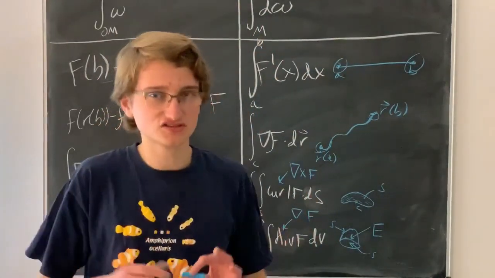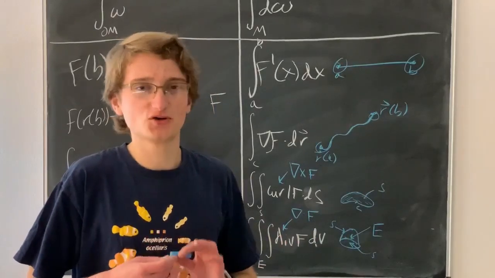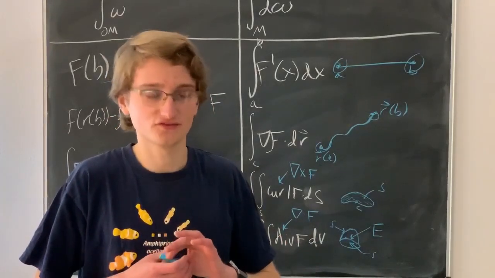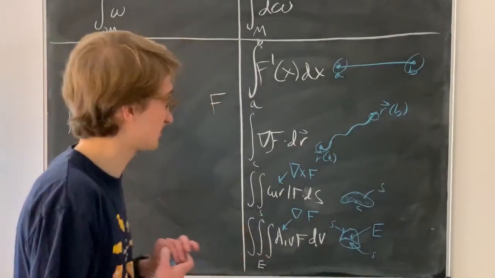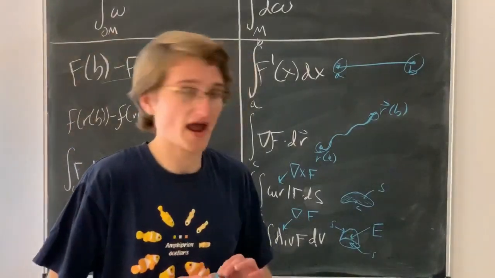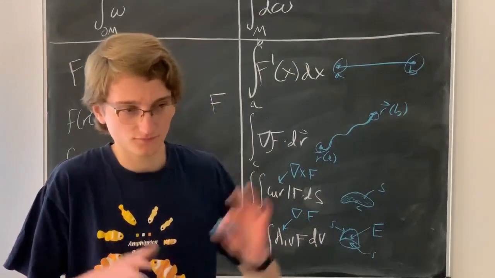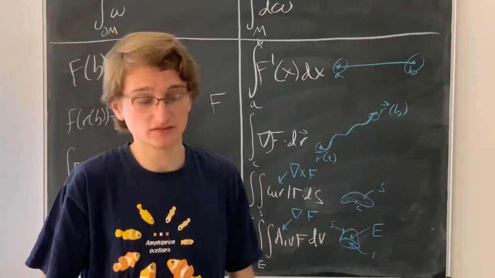But this has all been a little conceptual, so for those hardcore math students, I think you want to see a real proof of this. Proving the general Stokes theorem is something that I have yet to do, and that goes way beyond multivariable calculus.